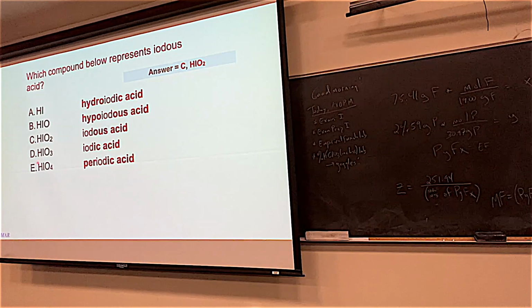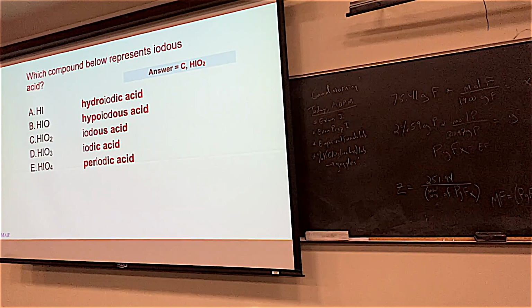And then iodate, the ATE polyatomics are supposedly the most common. When the ATE polyatomic, iodate, is turned into an acid, it gets the ic ending. So supposedly HIO3 is, except for HI, the most common acid. That's why it gets iodic.